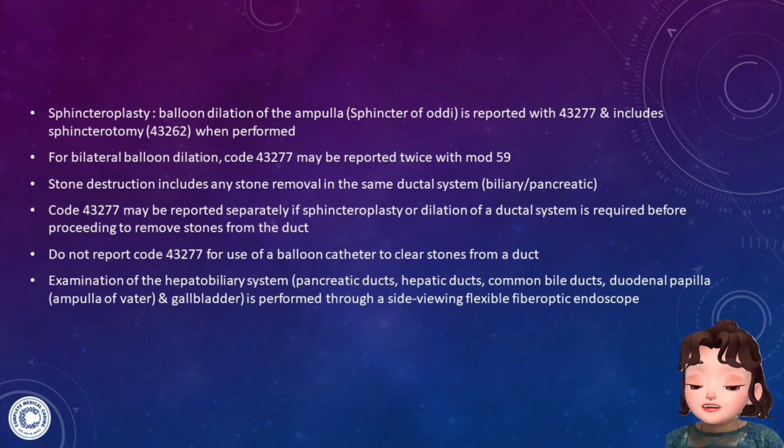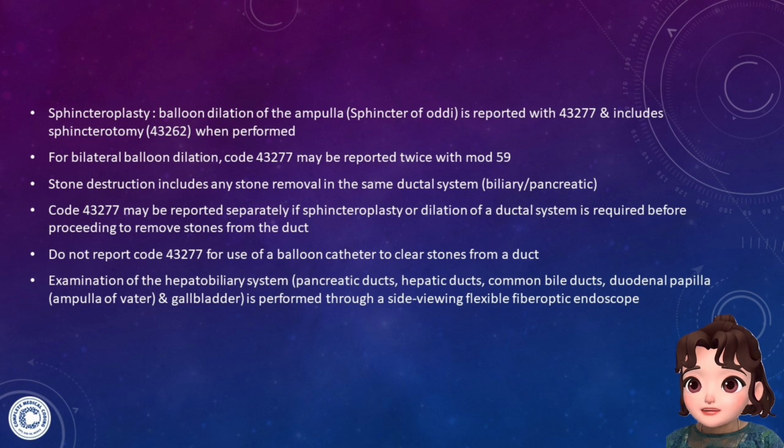If it is bilateral balloon dilation, use modifier 59 along with the code 43277. It may be reported twice with modifier 59, twice because bilateral.